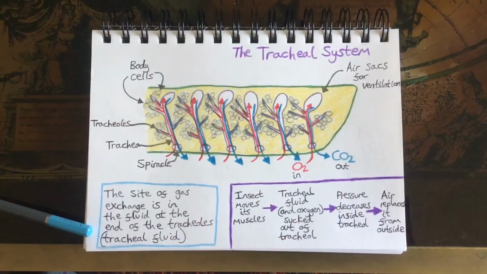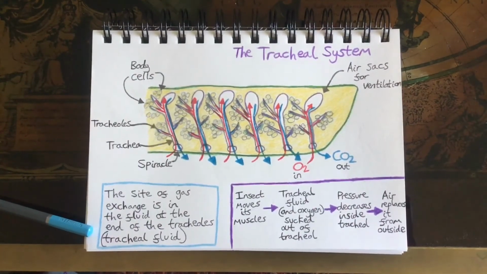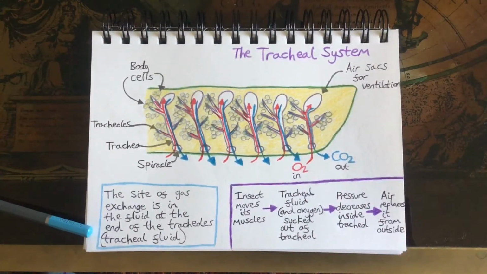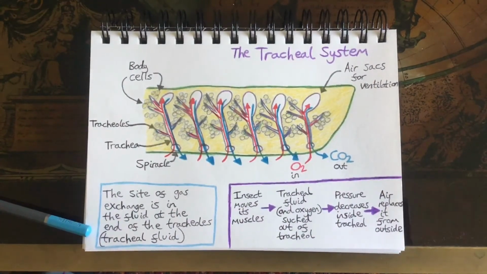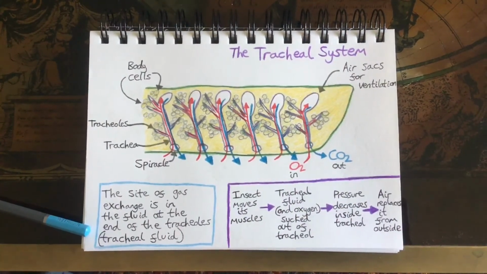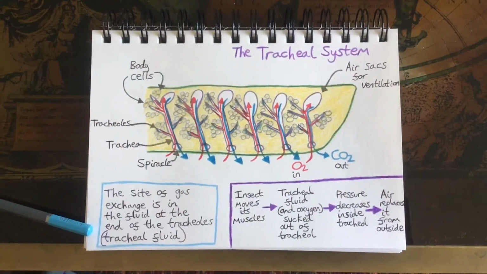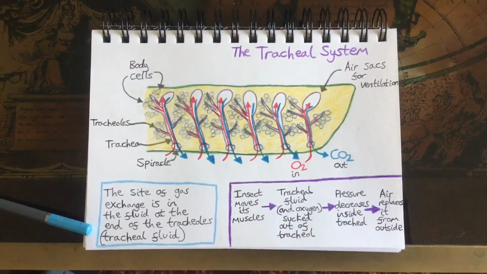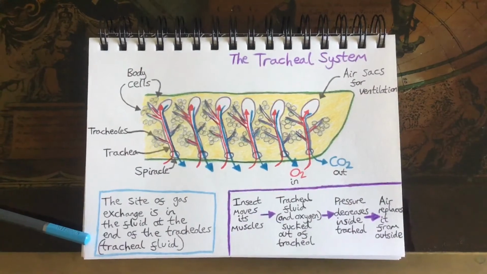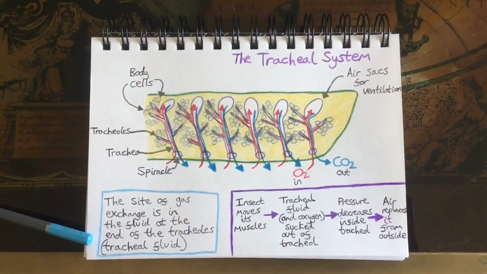So I know that I said that gases are exchanged straight into the body cells, straight from the tracheoles and the trachea, but that's not entirely true. So the site of gas exchange in the tracheal system is actually at the very end of the tracheoles in the fluid that surrounds the end of the tracheoles, and that's called the tracheal fluid.